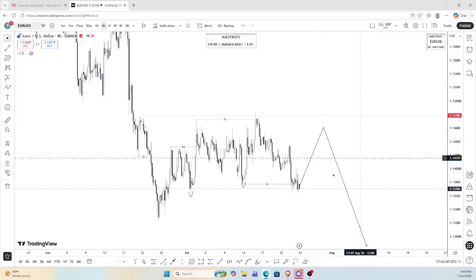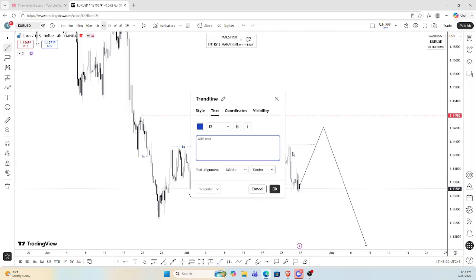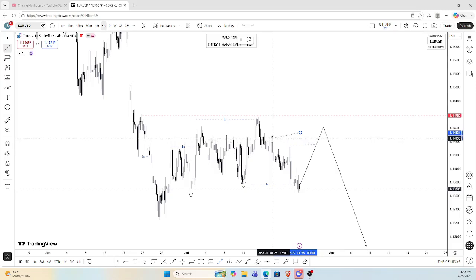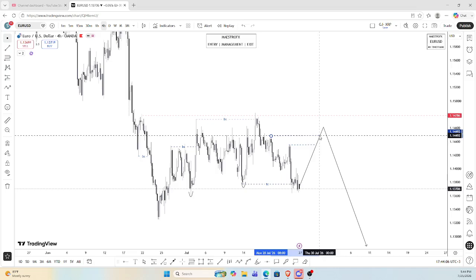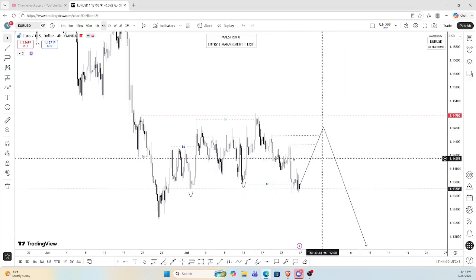And so I'm anticipating we take this internal liquidity over here and this internal liquidity, which will then act as a catalyst for the price to go lower. That is what I'm looking for.